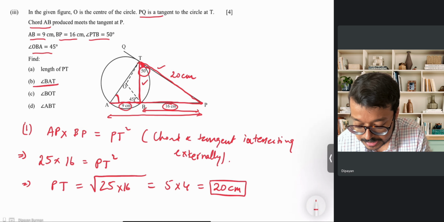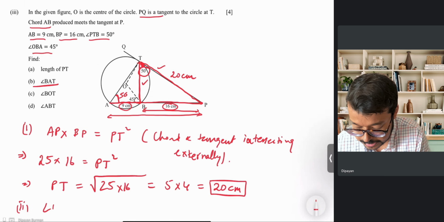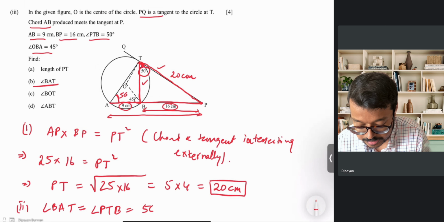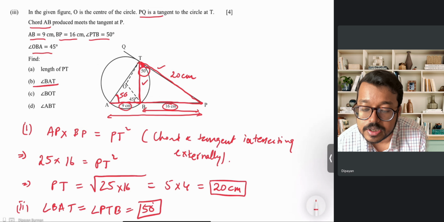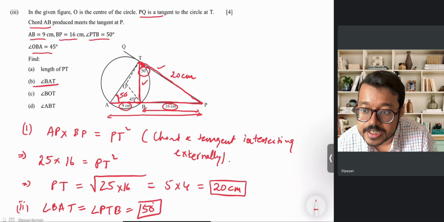Therefore your BAT angle will also be 50 degree. So I will say that angle BAT is actually equal to angle PTB, which is 50 degree. And the reason you will write angle in alternate segment.